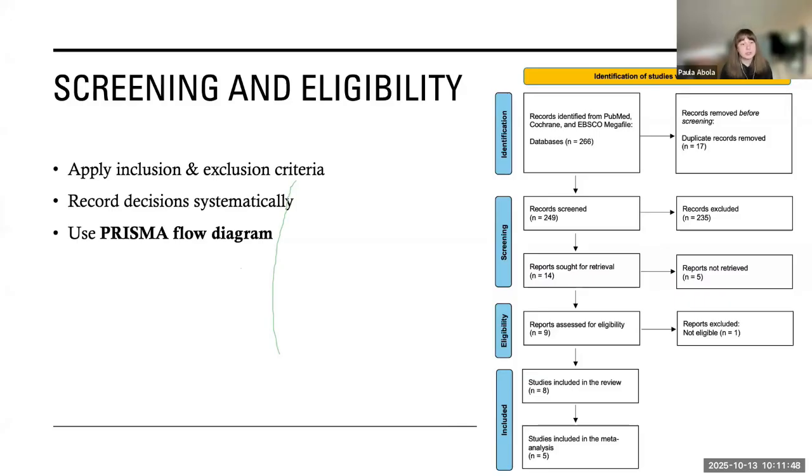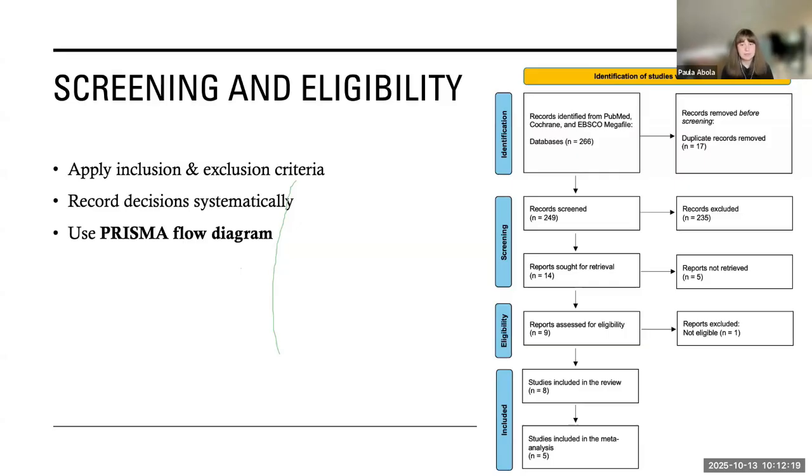So when you run your search, even though you already used Boolean operators, like and, or, and you already tried to include only your inclusion criteria, you will most likely still come up with other results. And that's exactly how it works. And this is why you do a screening afterwards to say which of those studies you will actually include in your review and meta-analysis based on the specific inclusion criteria that you identified using PICO.